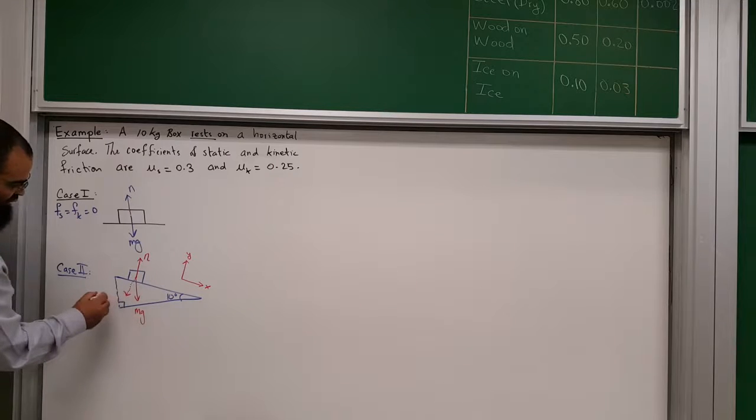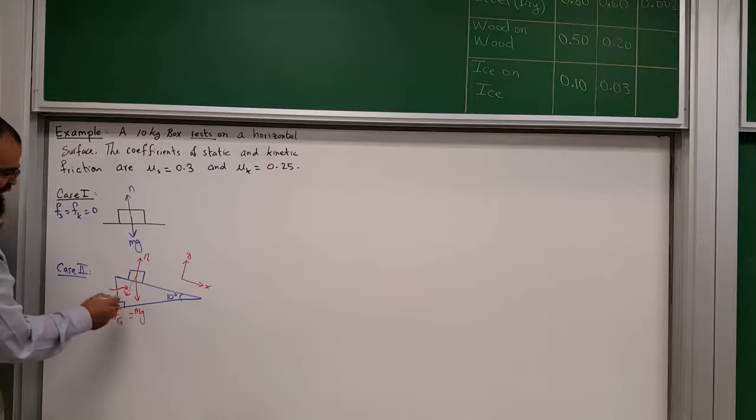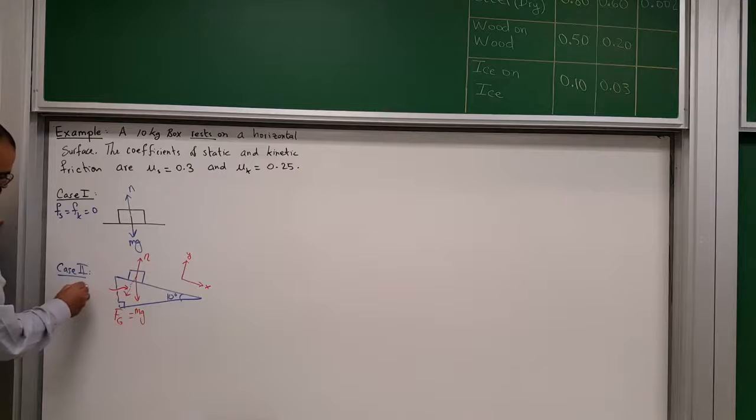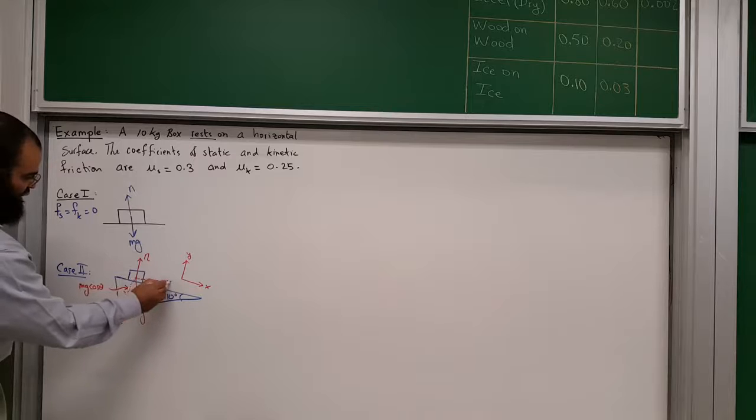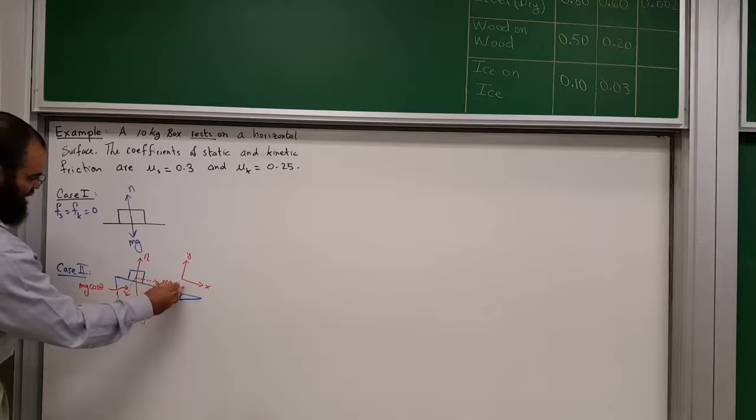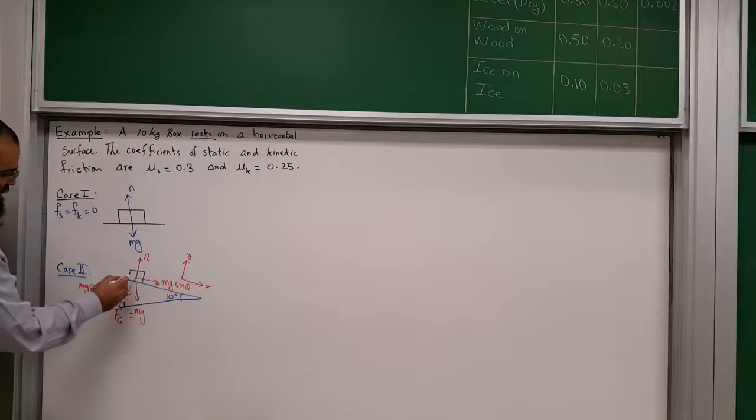One of them is the y component of the force of gravity, and it's mg cosine theta, in the downward direction. And there is this part here, the mg sine theta, and then there is the force of friction.